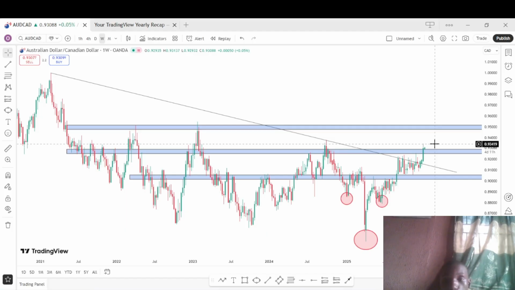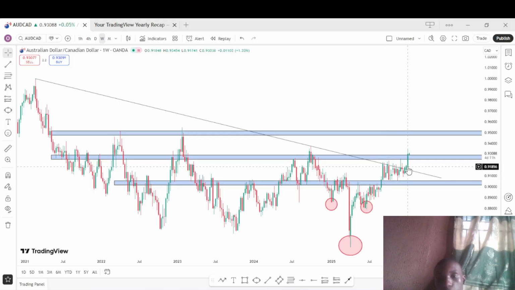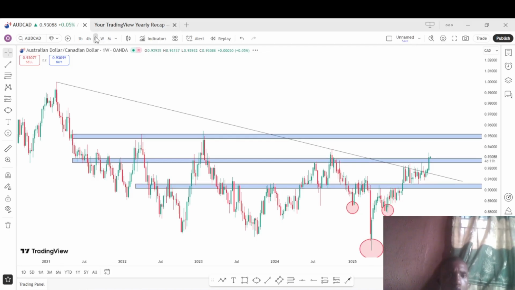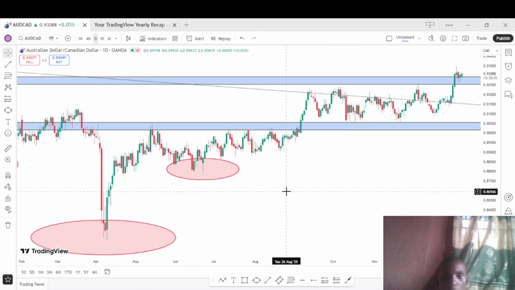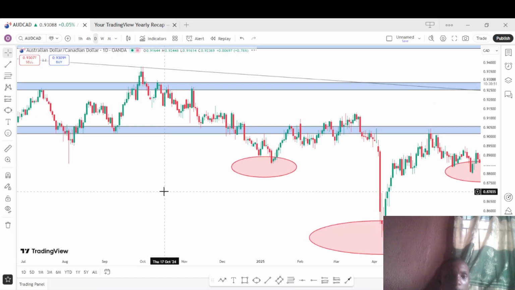So we have two different confirmations that this trend has changed from bearish to bullish. What then do we look for? We scale down to the daily time frame, and this daily time frame is where we plot our minor support and resistance, where the market reacted but which is not very visible on the weekly time frame.